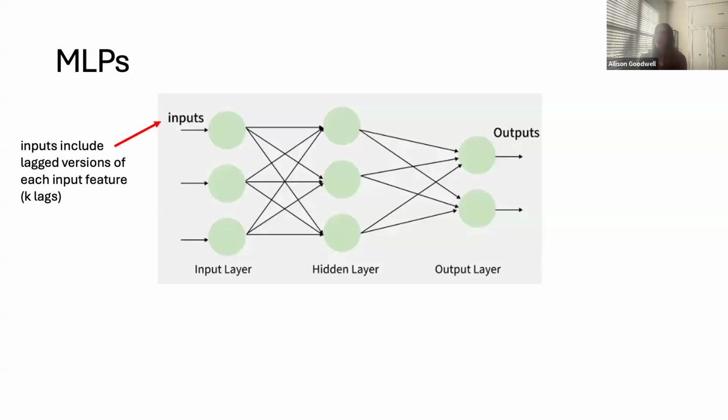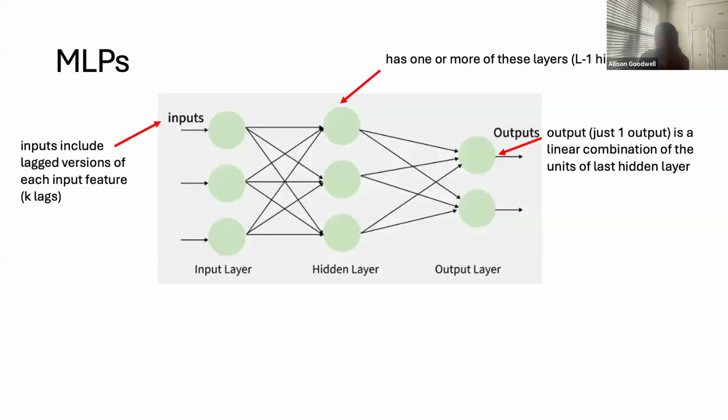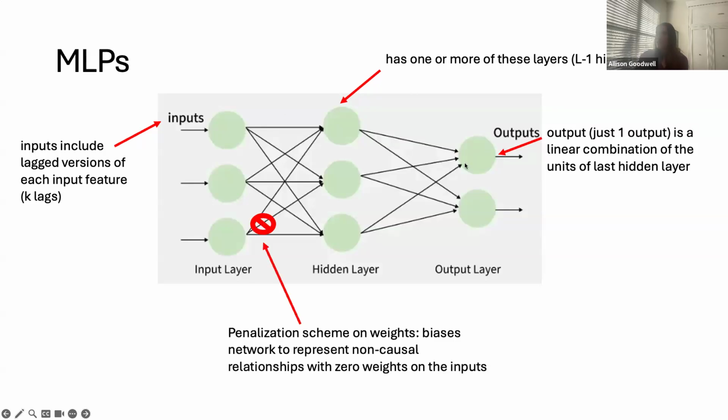So you have potentially a lot of inputs if you have multiple variables and you have multiple lags of each of those variables. Each of those is going to be a separate input. We're going to have one or more of these hidden layers. And our output, this illustration is showing two, but there's actually just one output. So there's a whole bunch of inputs, a bunch of hidden layers, and a single output.